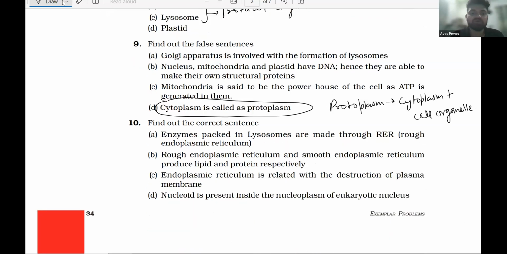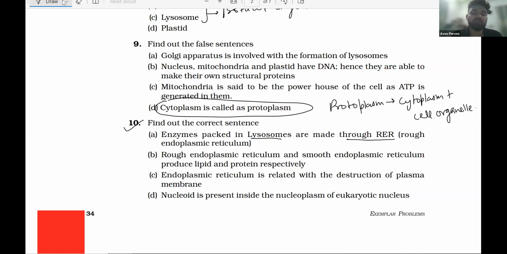Okay. Next, question number 10. Which one is correct? Find out the correct sentence. A: enzymes are packed in lysosomes and are made through RER.